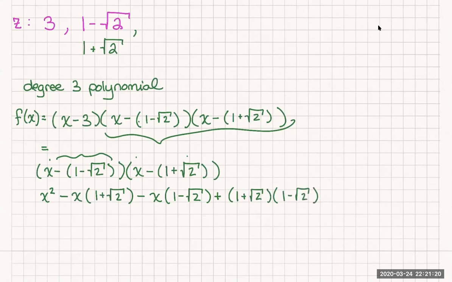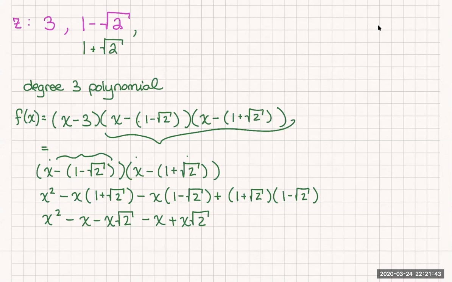Now, let's clean this up. So if I distribute, I get x squared, negative x, minus x root 2. Here I get negative x plus x root 2. Now, remember, this is an irrational number and its conjugate.